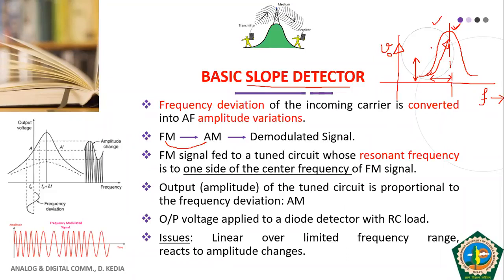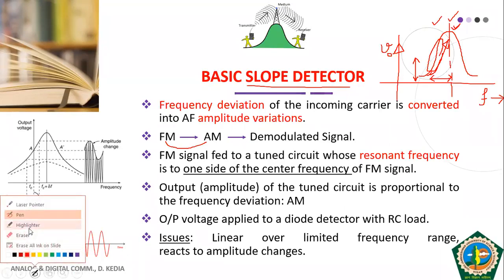So we have to detect our amplitude changes with respect to frequency changes during this slope. That's why we are calling it a slope detector. So we will not work at the central resonant frequency. We will work on one of the sides of the center frequency, and we will try to detect that slope.